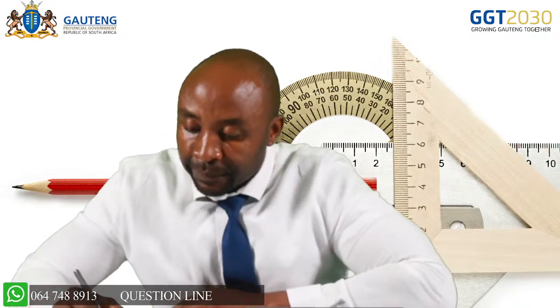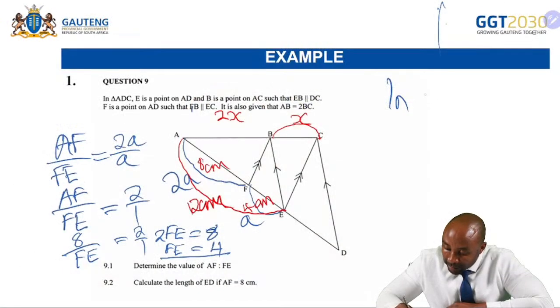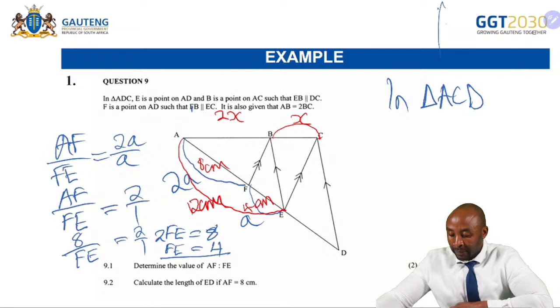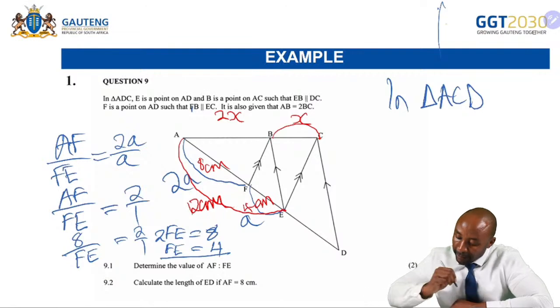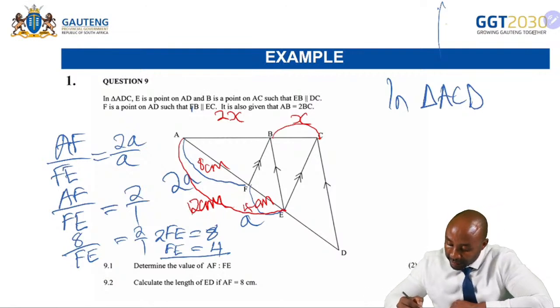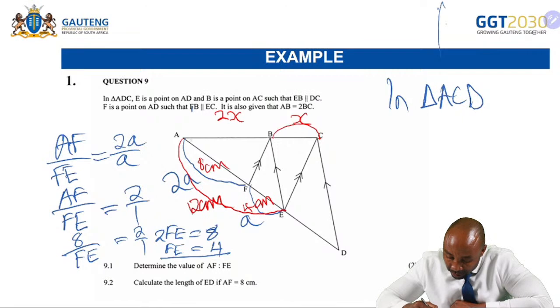So in triangle ACD, that parallel line BE and CD is going to help me get the value of my missing value, the ED, and I'm able to see that I've got parallel lines in between my triangle.